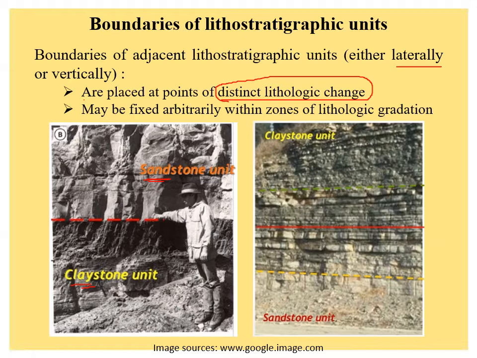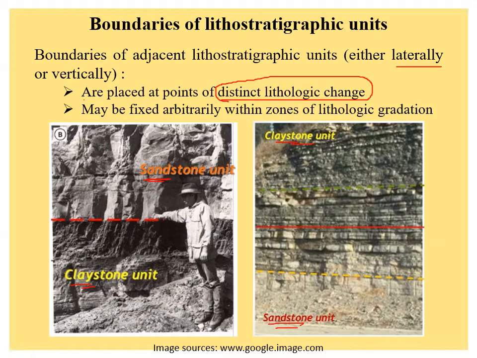Now, in places where the lithological variation is gradual, that means gradually from the sand unit they change to the clay unit. And there are some intermittent zones where sand and clay frequently alternate.